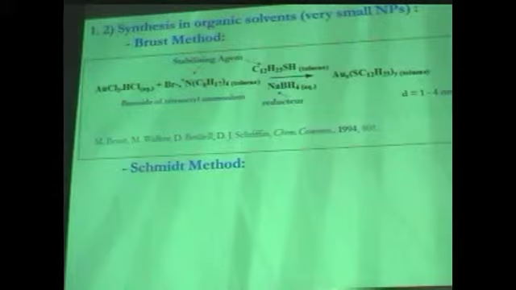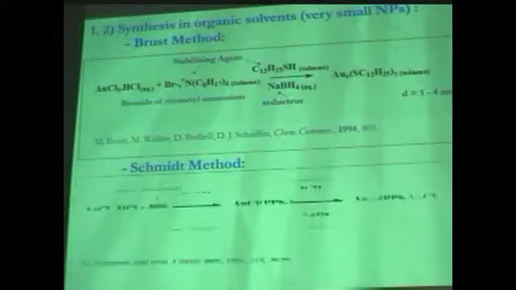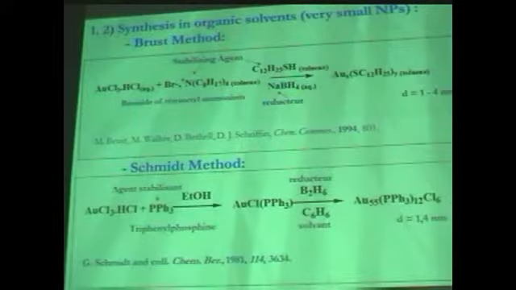This reaction is operational in toluene or in other solvents. The second one, the Schmid method, gives very narrow sized nanoparticles with a size equal to 1.4 nanometers.